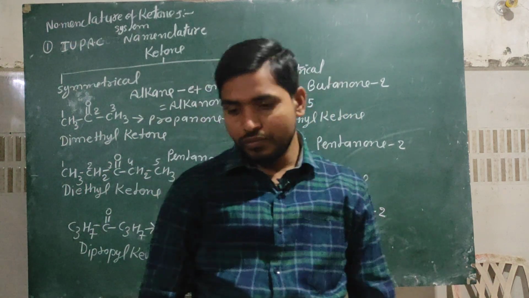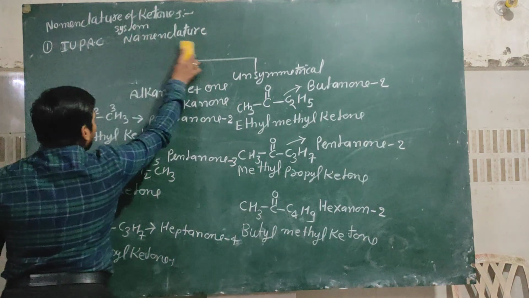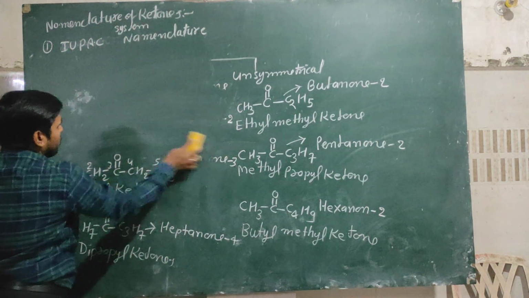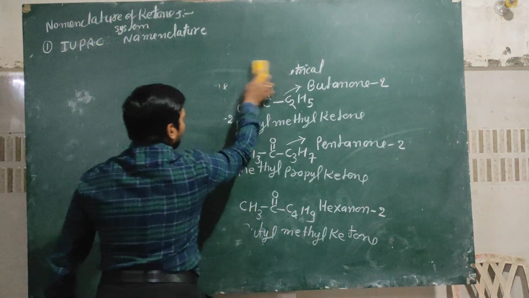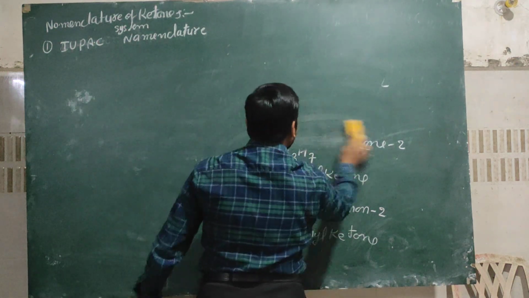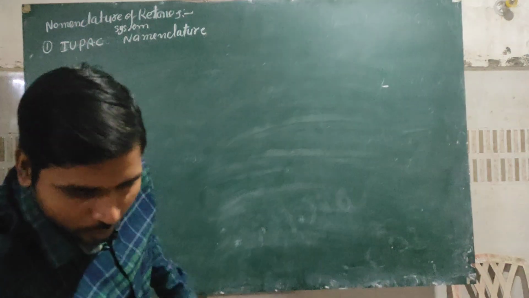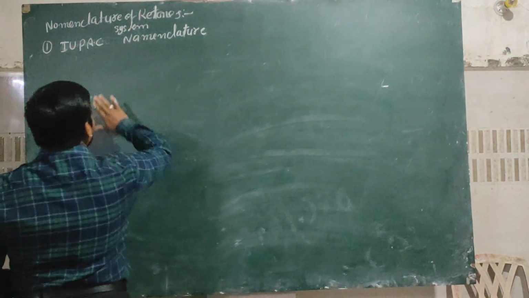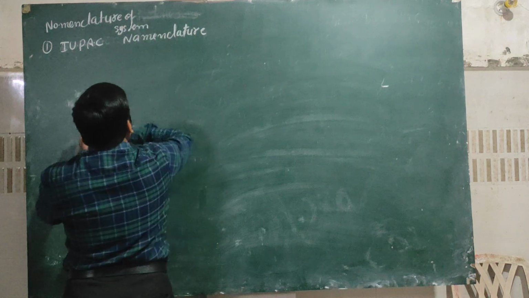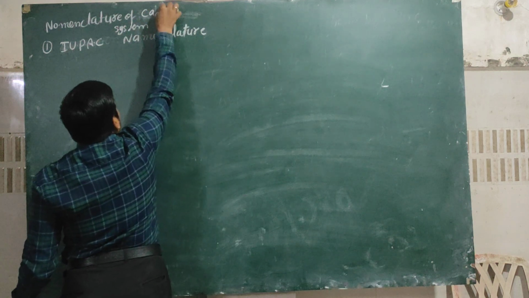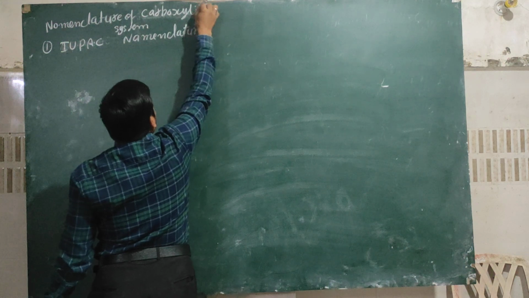After the knowledge of nomenclature of ketone, we try to understand the nomenclature of carboxylic acid. Okay, there are common systems of nomenclature used for carboxylic acid.